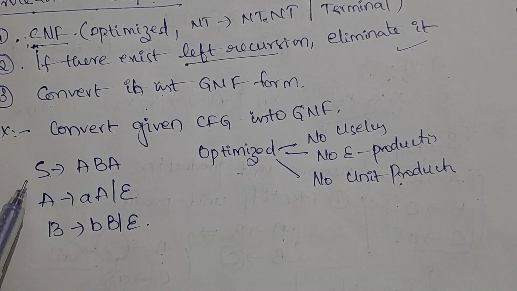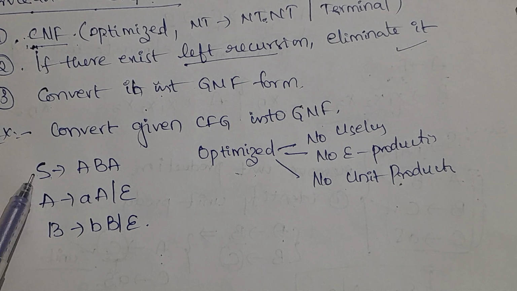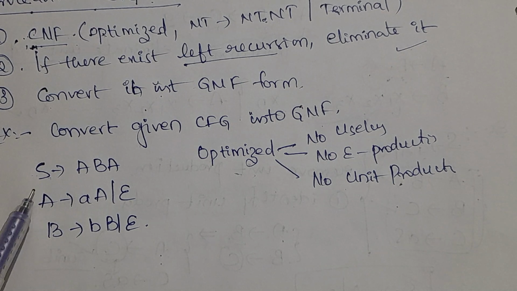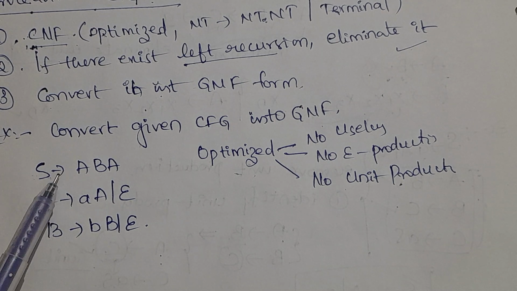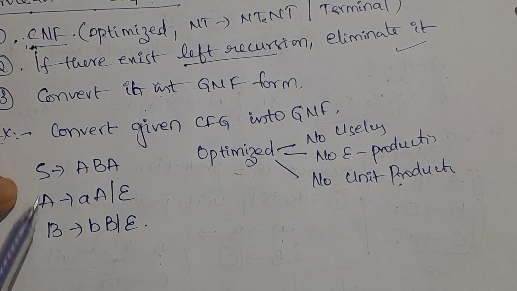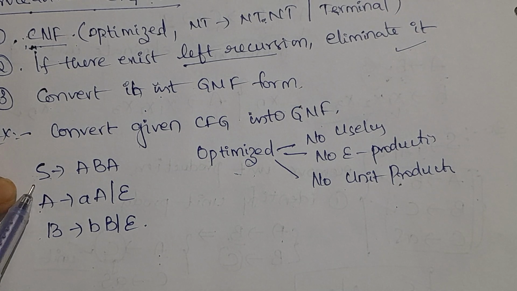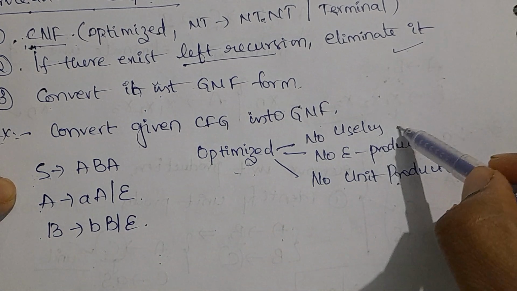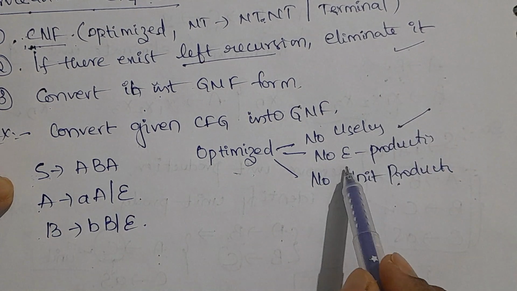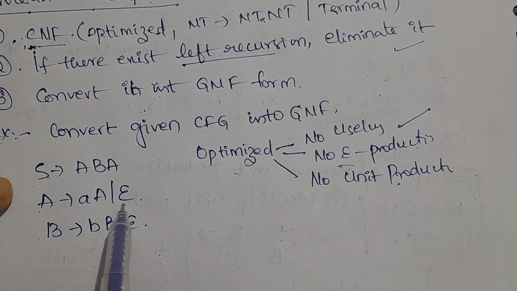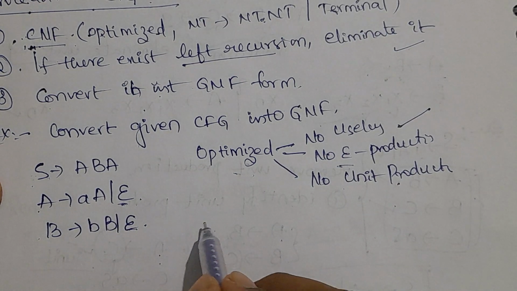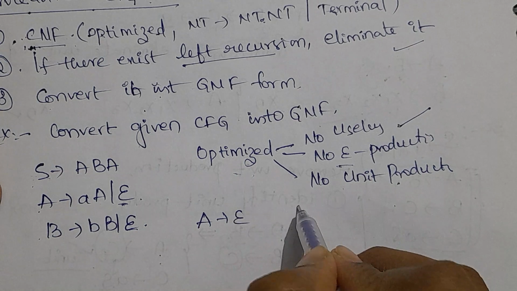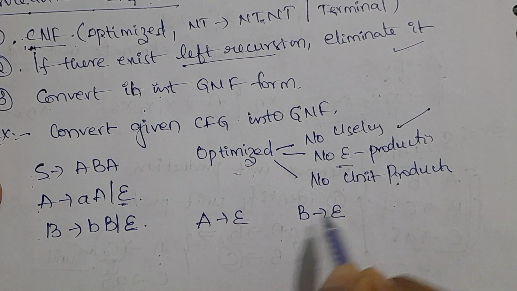If you observe carefully, here we have only the productions S, A, B. I can reach these two symbols from the start state, and I can derive any string from the start state, so there are no useless symbols. Observe, are there any epsilon productions? Yes, there are. What are they? A tends to epsilon as well as B tends to epsilon.